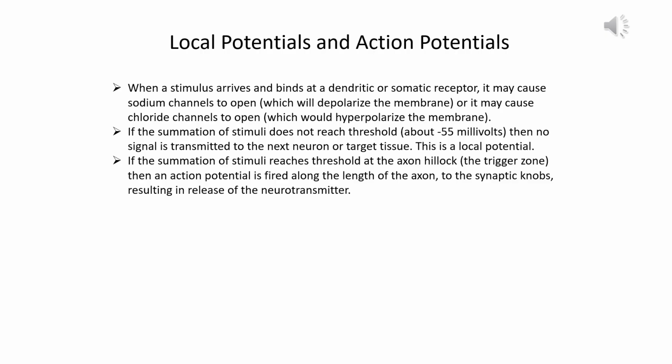Our nervous system is a two-way highway. So we have signals that are traveling from the body's tissues toward the central nervous system. That would be the brain and spinal cord. Those signals are called sensory or afferent signals.